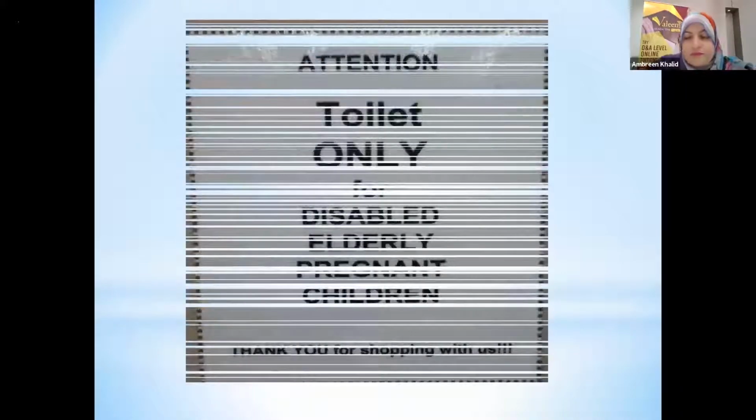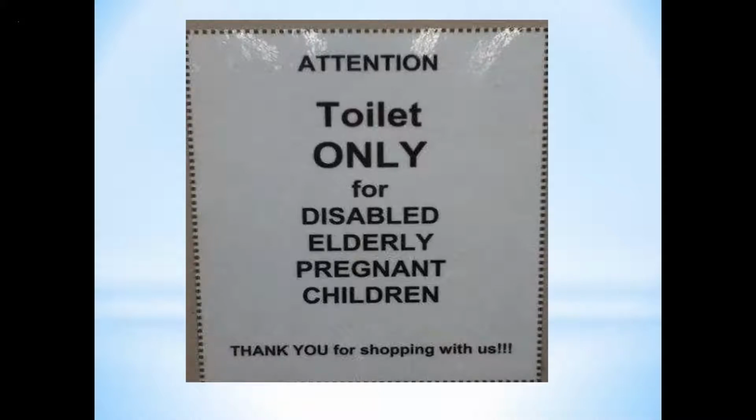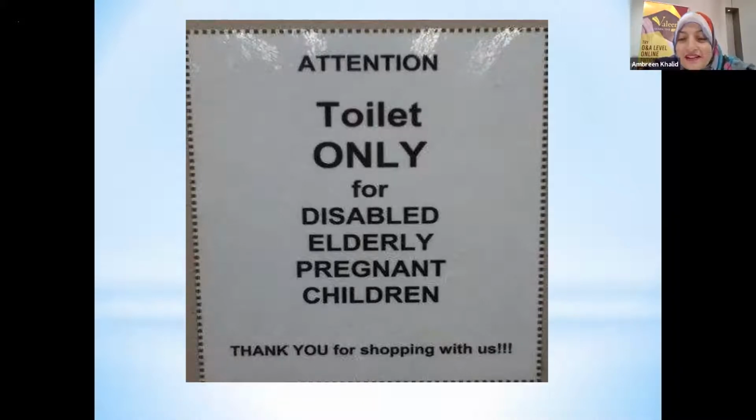Sharik, you are going to tell me what's wrong in the second picture, okay? Does it make any sense? They have to put a comma. Exactly. So there are 4 different categories of people. Yes, Sharik, are you there?